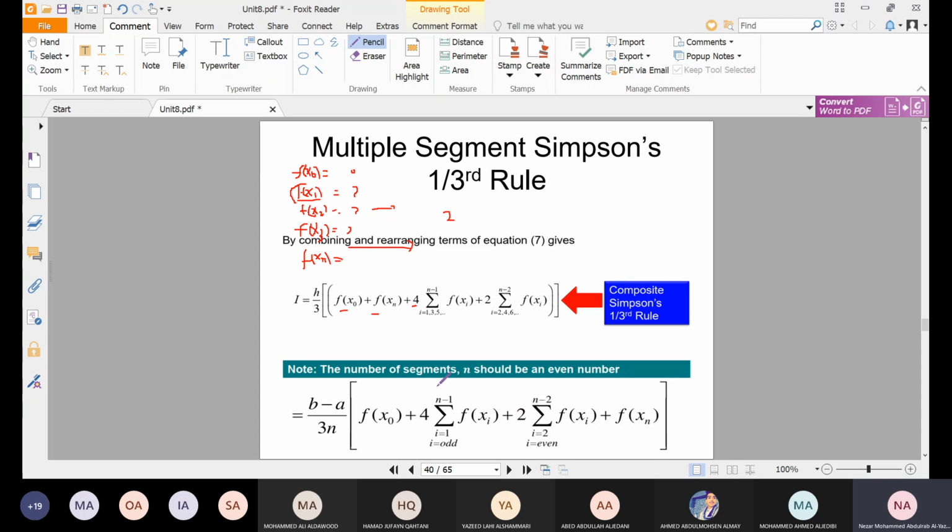They try to develop the formula to be suitable for programming as much as they can, so it is easy for programming. This form is better for programming, but you can find other forms of Simpson third rule that are easy for calculation.